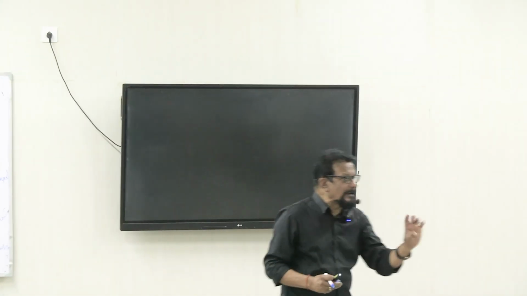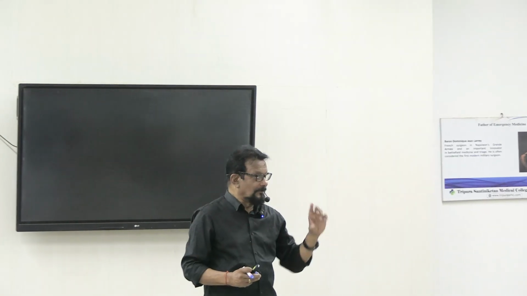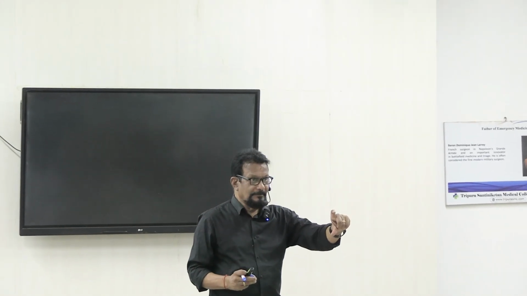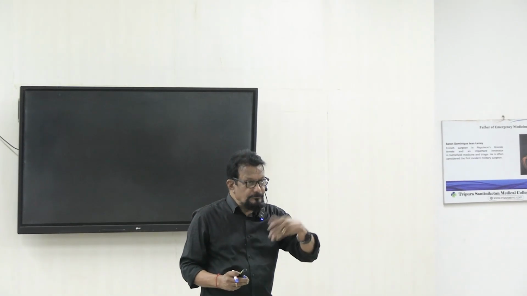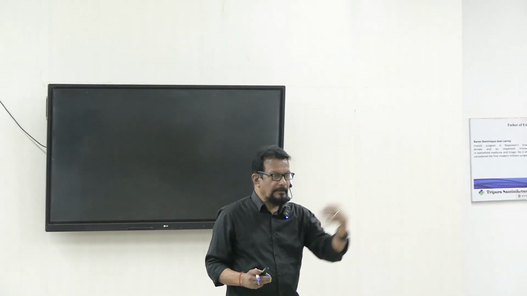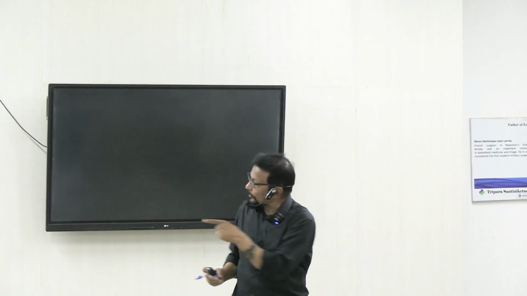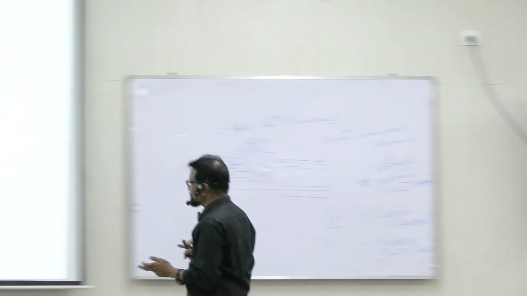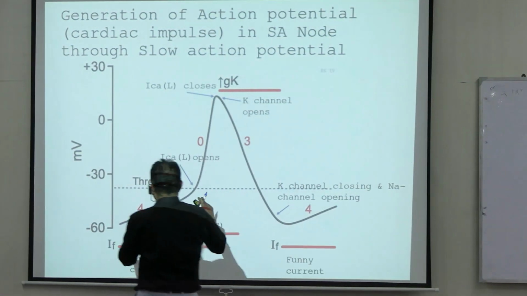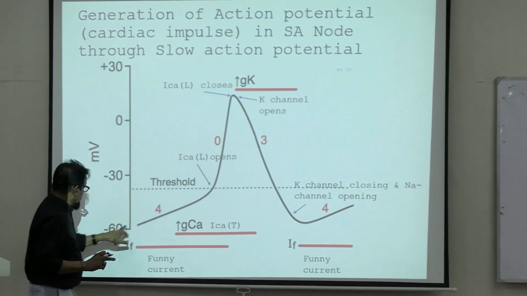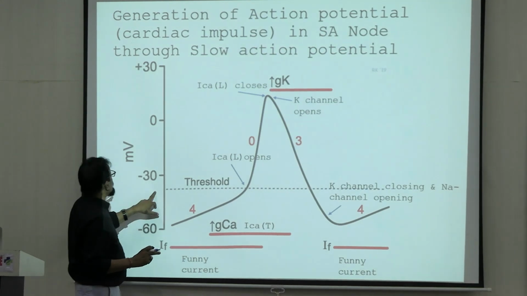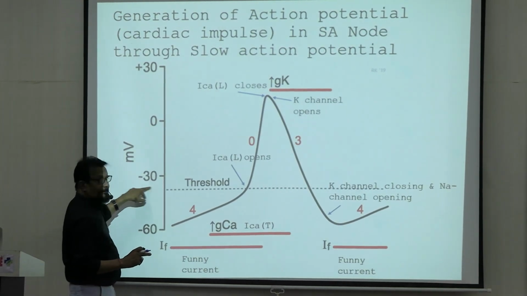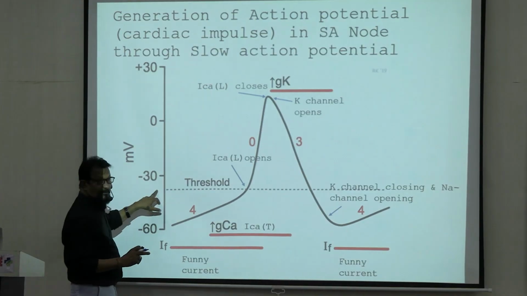They will remain open only for a short while. Because of this, some amount of calcium ion will enter and will change the potential from -60 to this level, the threshold level, -40.